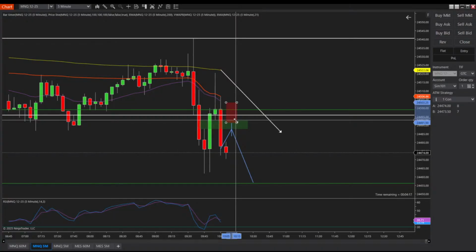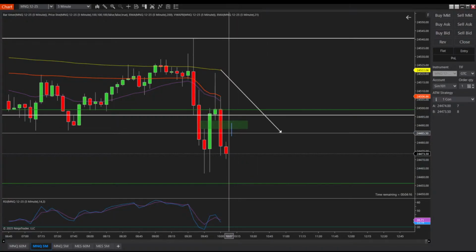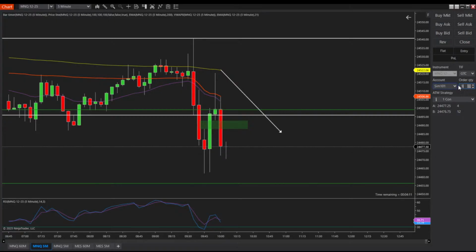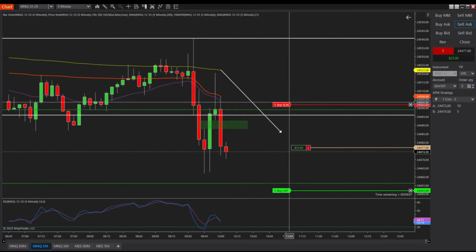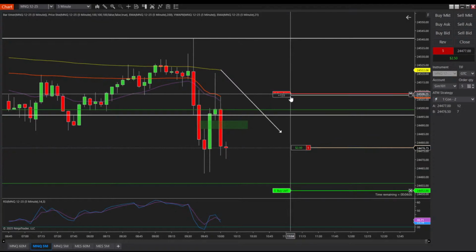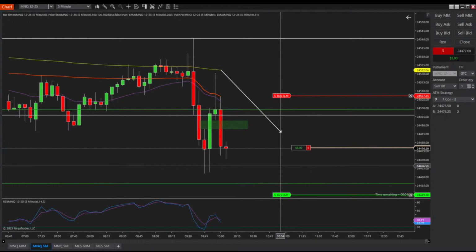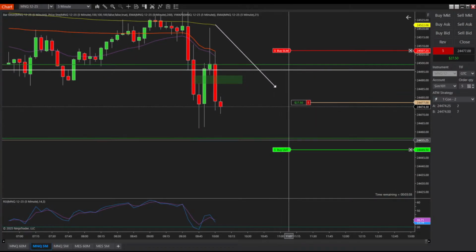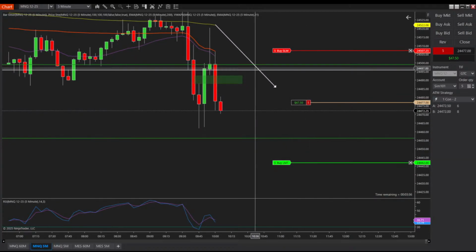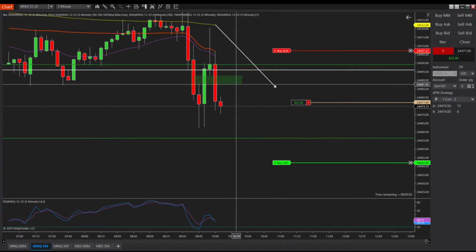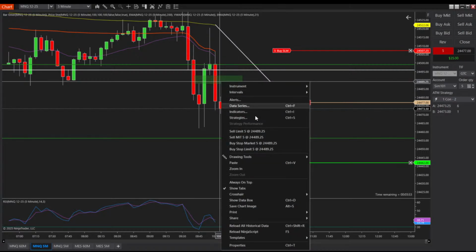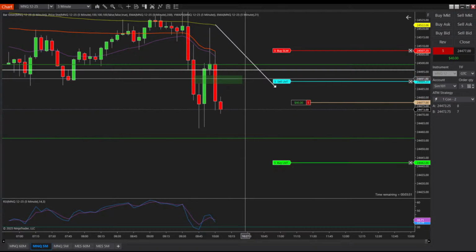This could be a better trade down here, going short. I could say, okay, I'm going to go 5 short here. And then if we happen to pull back, I would actually add more inside this gap.